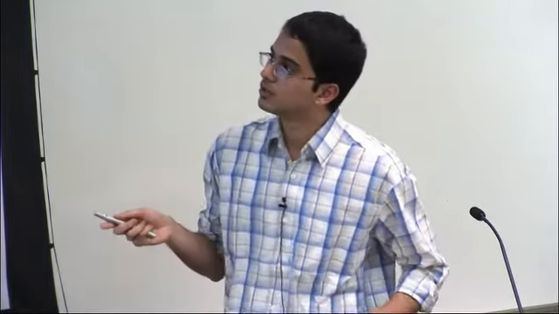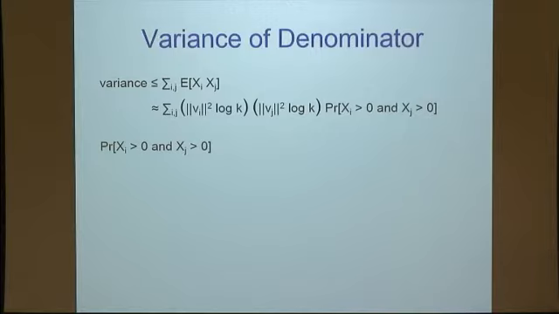Okay, so what does the variance look like? The variance is the summation of expected values of xi and xj. And what does this term look like? We know the expected value of xi when it's non-zero. It's something like vi square times log k. We know the expected value of xj when it's non-zero. It's something like vj square times log k. And what we need to bound is the probability that both of them are non-zero, right?